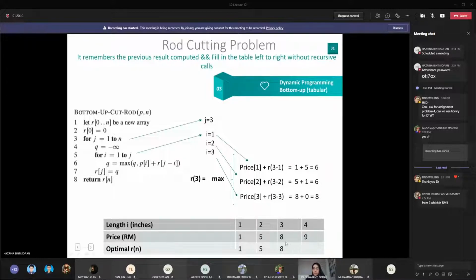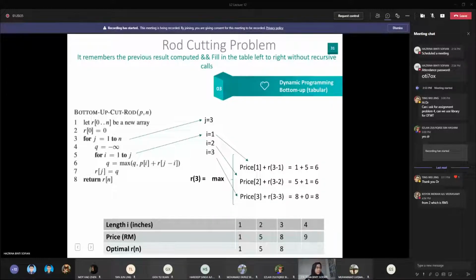So we update to 8 ringgit. We see here that if we have a rod of 3 inches, the maximum value that we can get is 8, whereby we don't cut it at all.